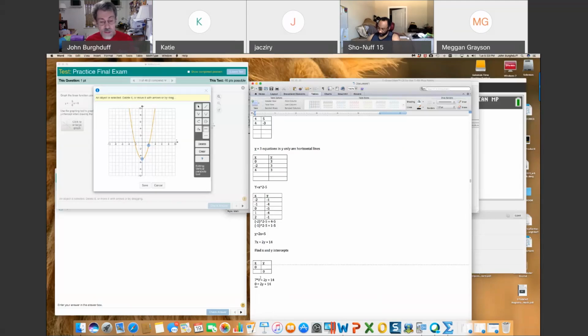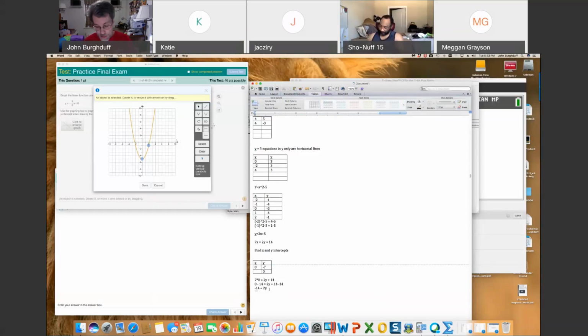I would subtract 14 from both sides, which gives negative 14 equals 2y. Then divide both sides by 2. Negative 14 divided by 2 gives negative 7. That corresponds to the y-intercept. When x is 0, you get the y-intercept, and when you let y be 0, you get the x-intercept.